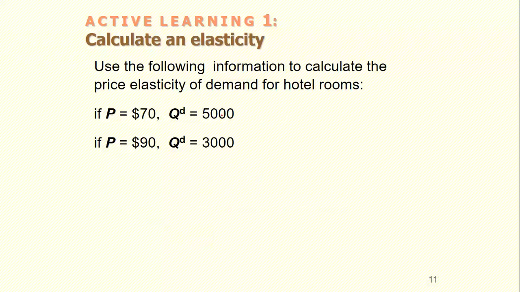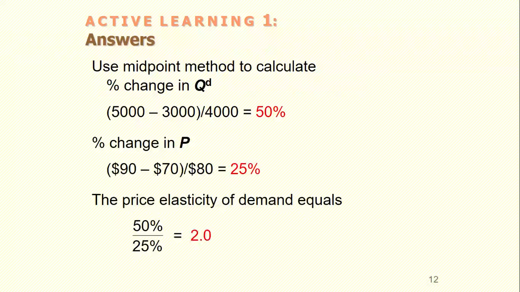Again, adding these quantities demanded, that is 5,000 plus 3,000 divided by 2, that is equal to 4,000. Here it is, the midpoint. And the percentage change in quantity demanded is equal to 50%.